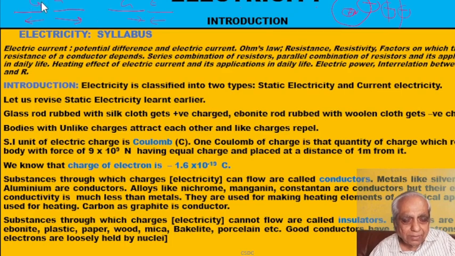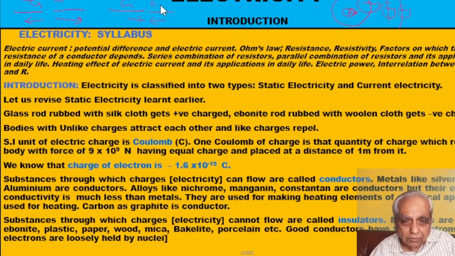It means the glass rod has lost some of its electrons to the silk cloth. As the glass rod has lost electrons, its net charge will become positive because now some of the atoms have more protons compared to electrons. Whereas the ebonite rod has become negatively charged.